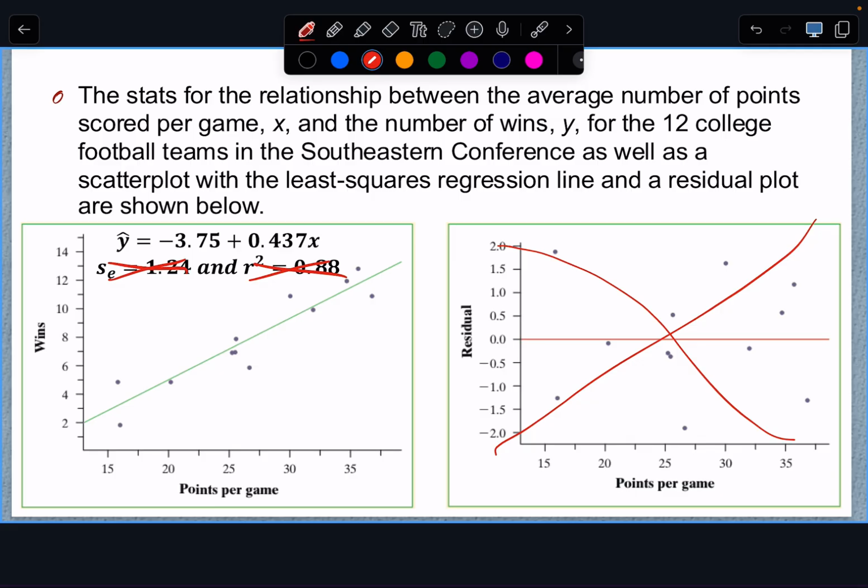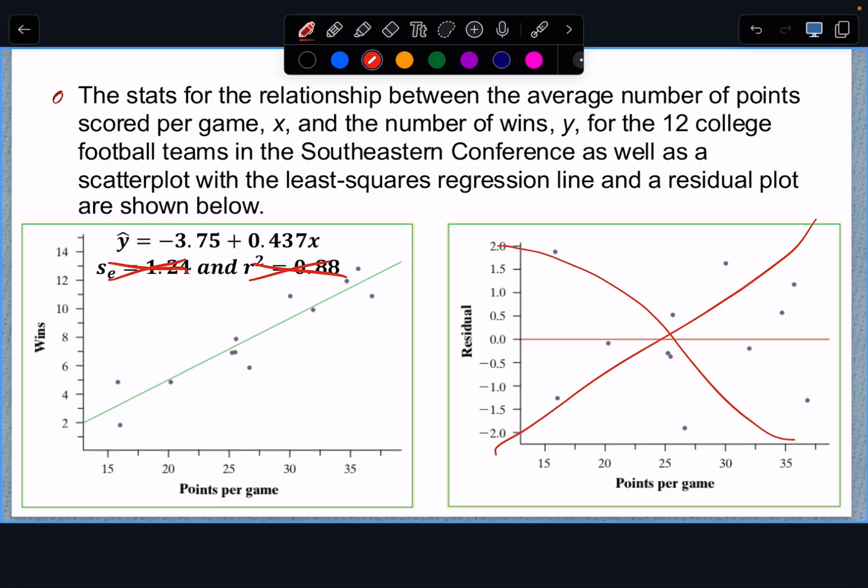So if I wanted to interpret this y-intercept, we'd say if a team scored 0 points, so if I had 0 points scored every game, I would win negative 3.75 games. So this is an example where that y-intercept really is not beneficial to us in terms of prediction purposes because that doesn't even make sense. So in that instance, that's probably one that they would not ask you to interpret.